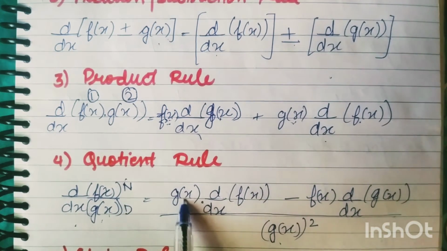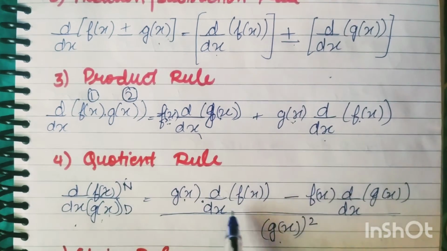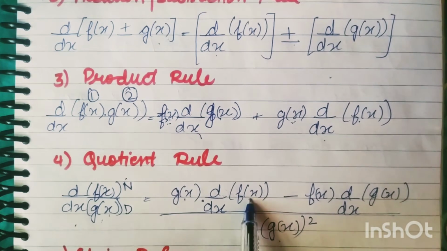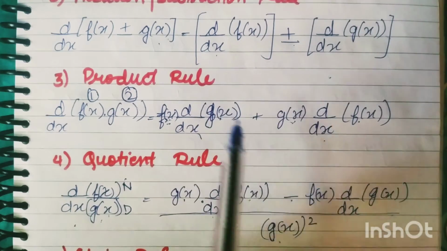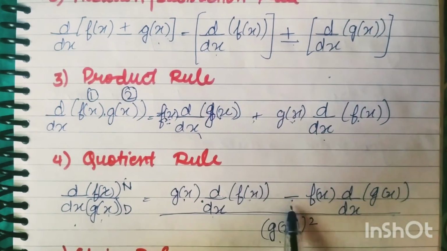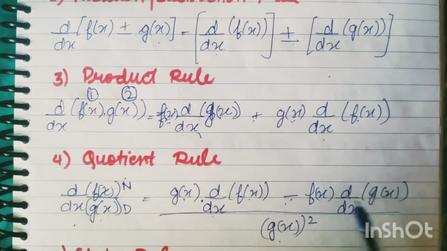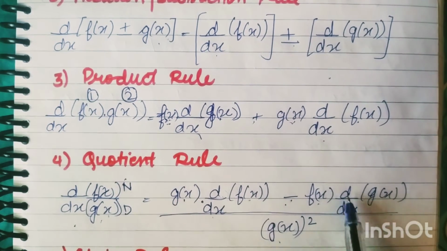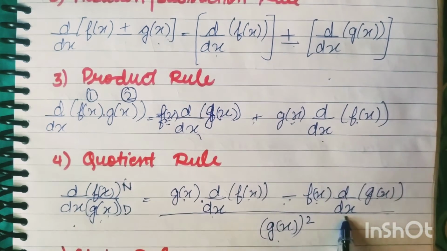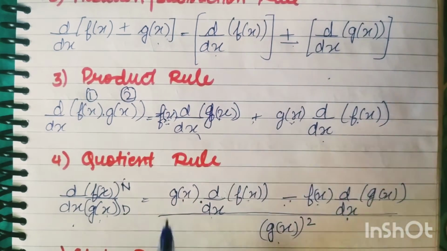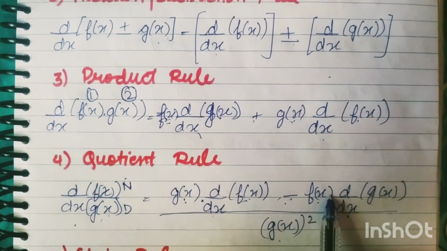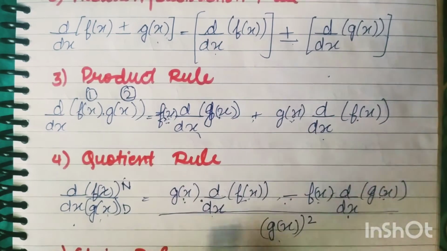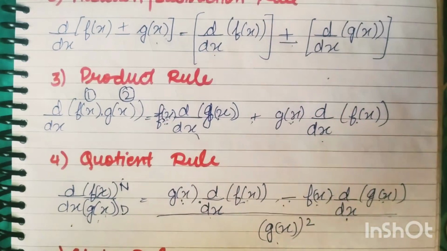First you will take the denominator, that is your g(x), into the differentiation of the numerator with respect to x, minus. Remember in the product rule we had plus, but here we have minus. So then we will take our numerator and then the differentiation of the denominator with respect to x. Remember, first denominator, then numerator, minus numerator, then denominator, upon denominator square.